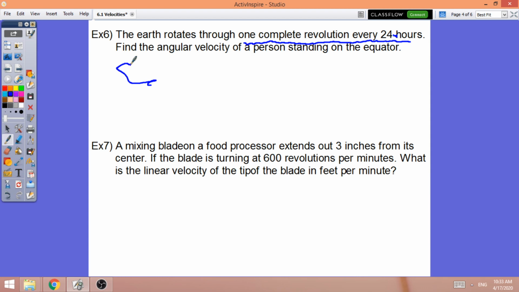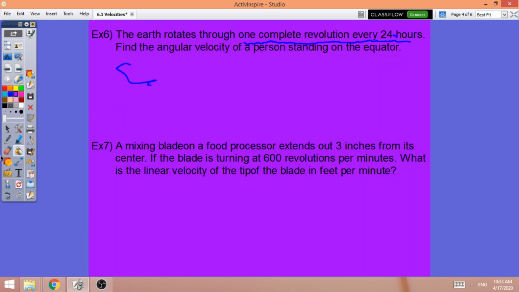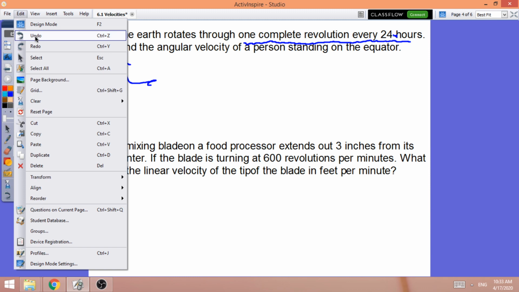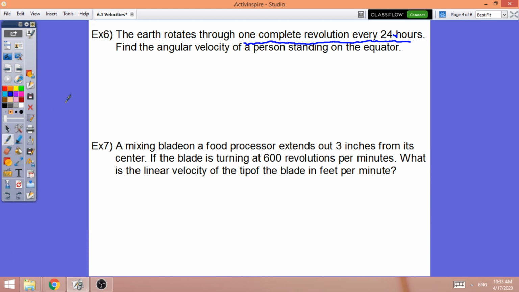So one complete revolution, so one rotation. So the time it takes is 24 hours.